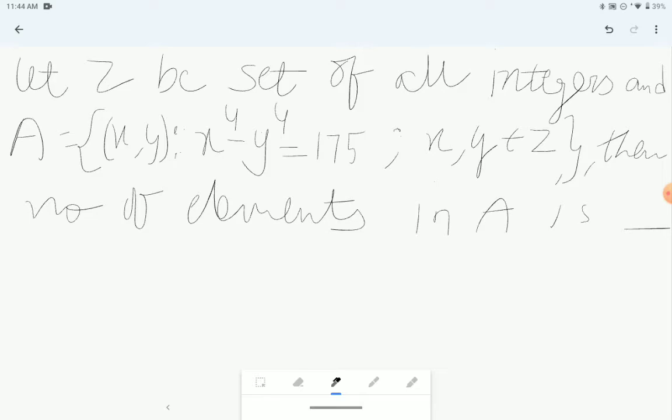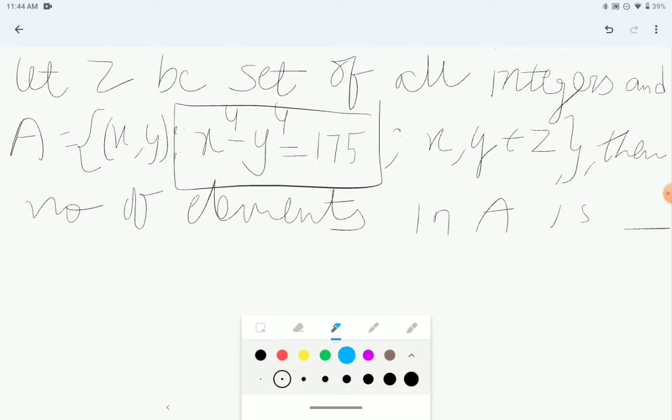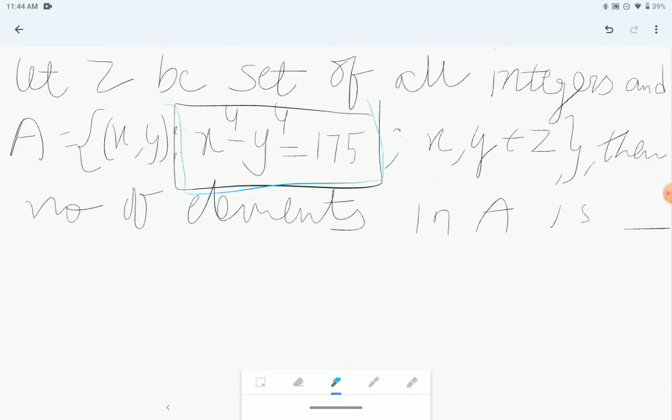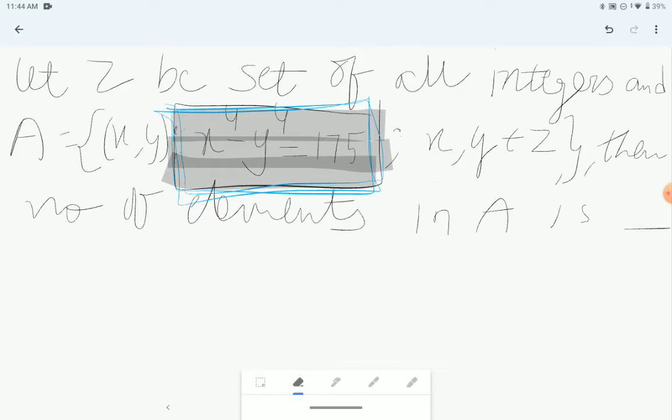First, to solve this type of question, let's take the condition. Here the condition is x power 4 minus y power 4 is equal to 175.